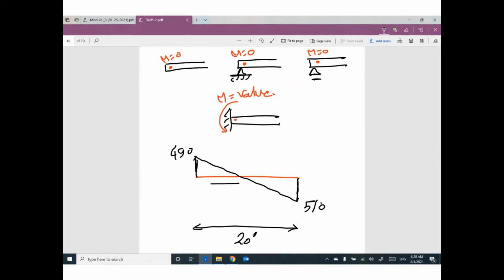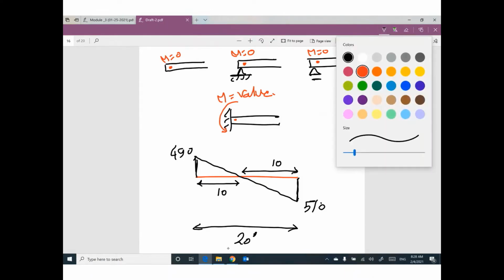What is the distance here? And what is the distance here? Don't tell me this distance is 10 and this one is 10. That's wrong.